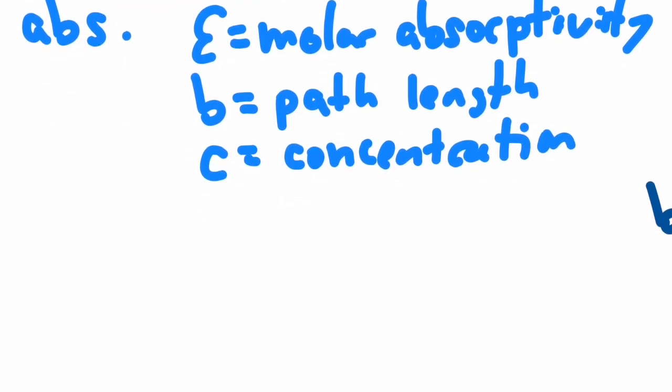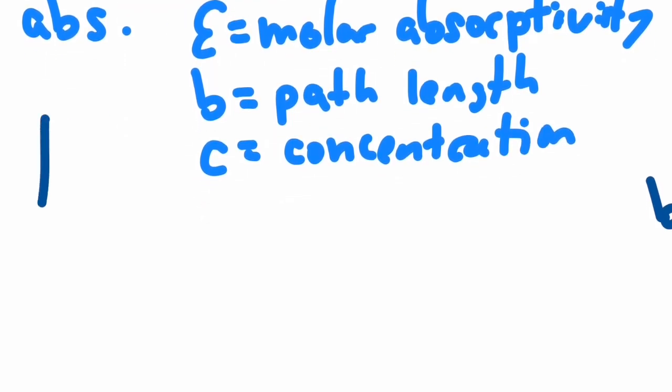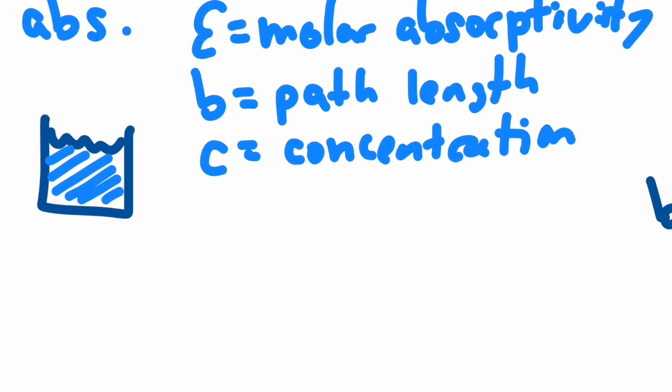So if we imagine having some solution of something that has a visible color, like a copper sulfate solution, we can send light through that solution, and we can actually measure how much light goes through, what's called the transmittance, and indirectly turn that into how much light is absorbed, and that can tell us how concentrated the solution is. In fact, this is a linear relationship.